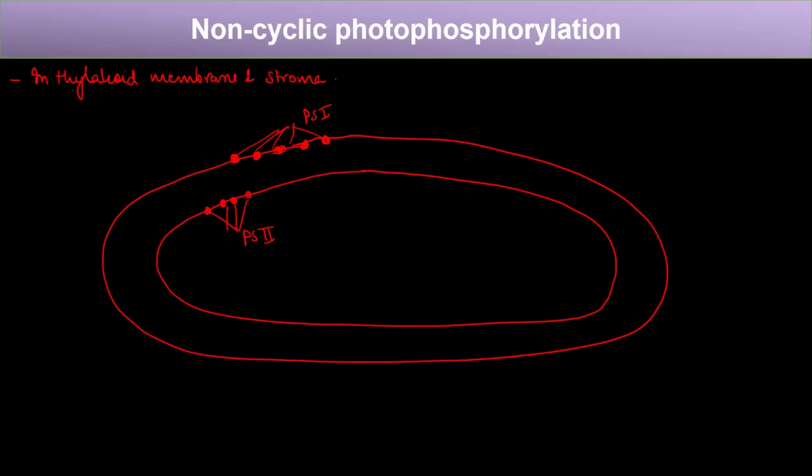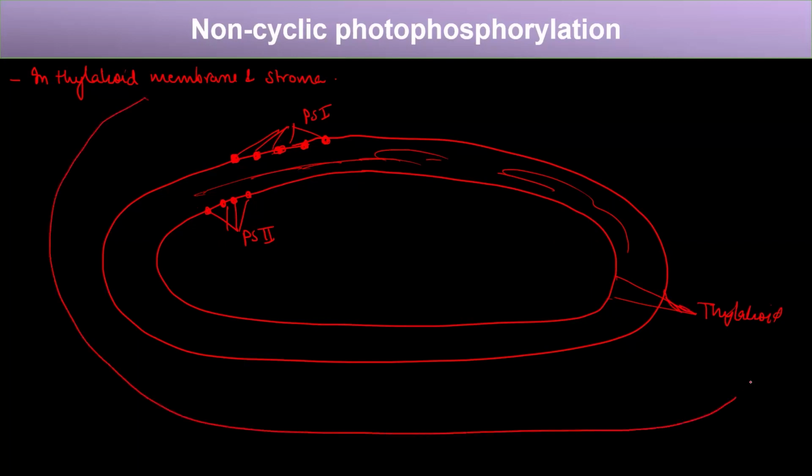So if the photosynthesis will take place, where will it happen? It will happen in the thylakoid membrane. This is your thylakoid membrane, right? And in the stroma, because this is your one thylakoid. The structure that I have drawn is of thylakoids. Now this thylakoid is present in a big chloroplast, right?